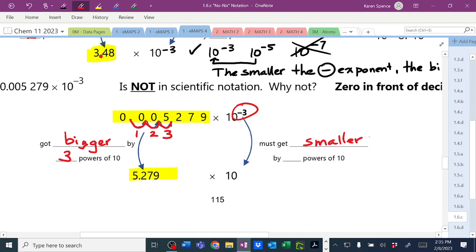And it has to get smaller by 3 powers of 10. Tell your partner, what is 3 powers of 10 smaller than 10 to the negative 3? That would be 10 to the negative 6. Because the larger the negative exponent, the smaller the number.